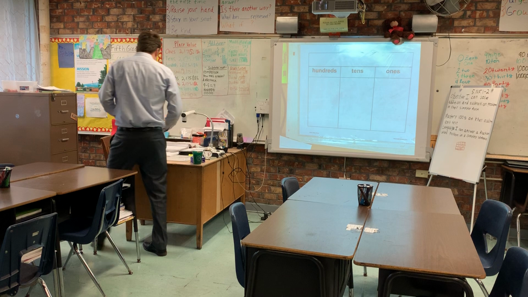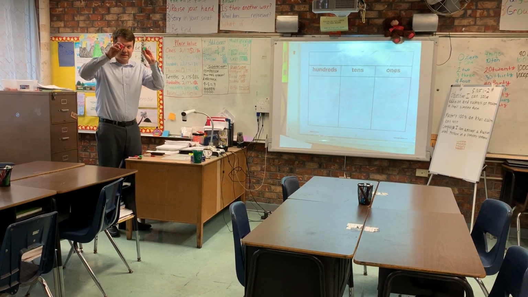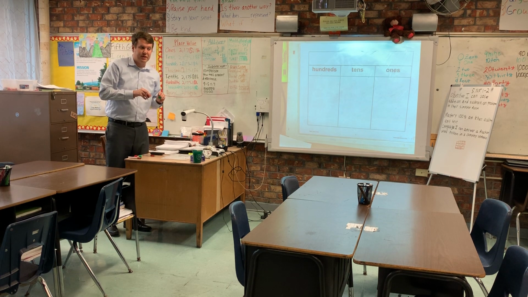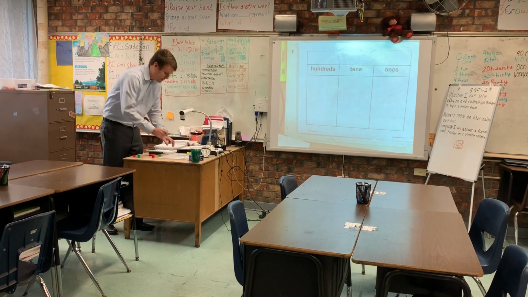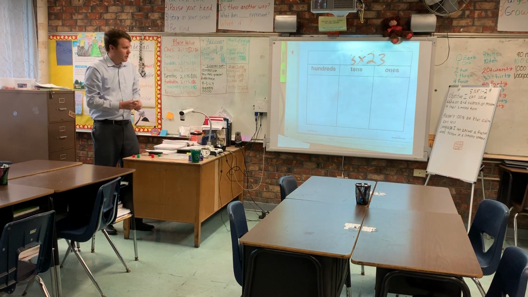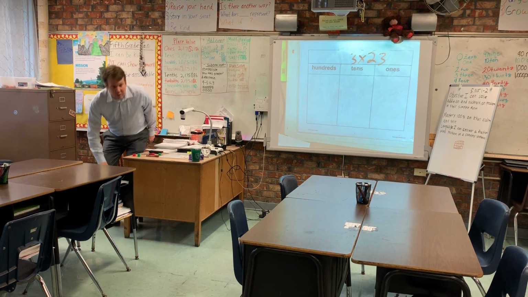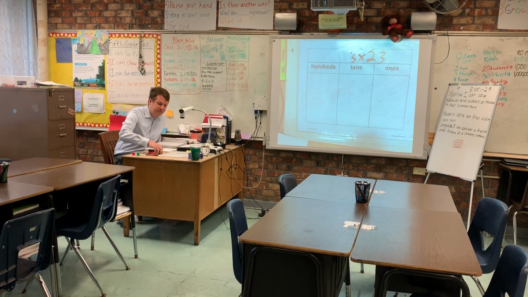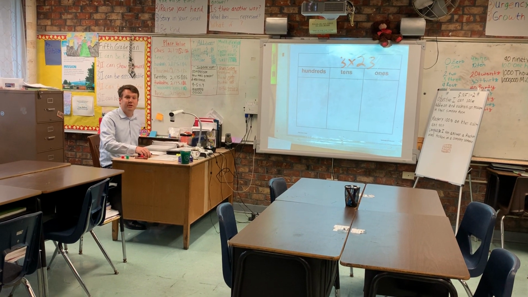So what we're going to be doing right now is using some place value disks, these guys, which are a really important tool in Eureka, and we're going to be solving a multiplication problem, 3 times 23. So if y'all can write that down on your place value charts and get out your place value disks, we're going to be using them to model this problem. So the first thing we have to do is decompose 23 into unit form.